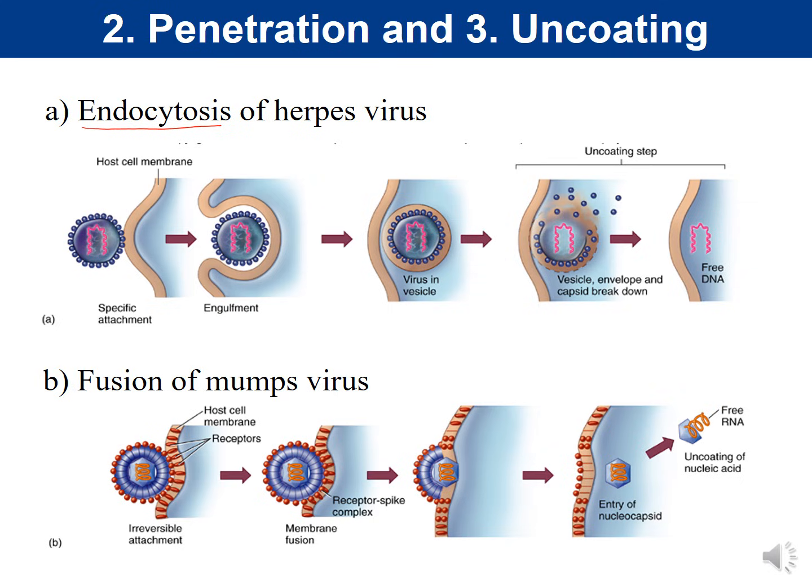On the other side of this is what we call fusion. In fusion, the host cell has receptors and it binds to molecules on the virus itself. In this case, the receptors and the spike complexes will fuse, and instead of the entire envelope coming inside the host cell, what happens is that the capsid is released into the cell.